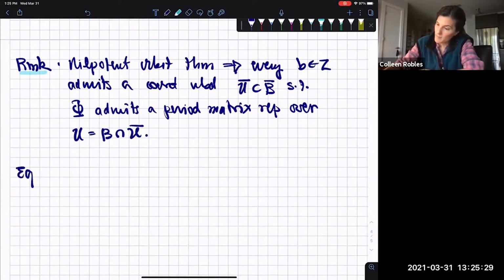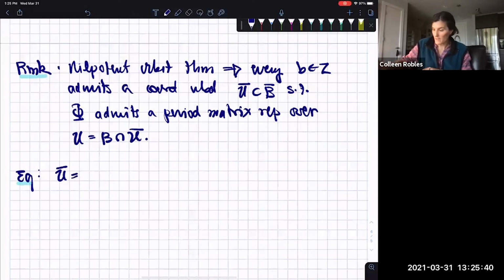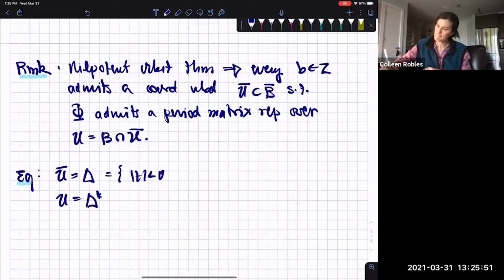And let me talk about a specific example. So you might consider the case, let's just do something one-dimensional, that's fine. Your coordinate neighborhood might be the unit disk. So the punctured coordinate neighborhood will be the punctured disk, less than 1. Okay.